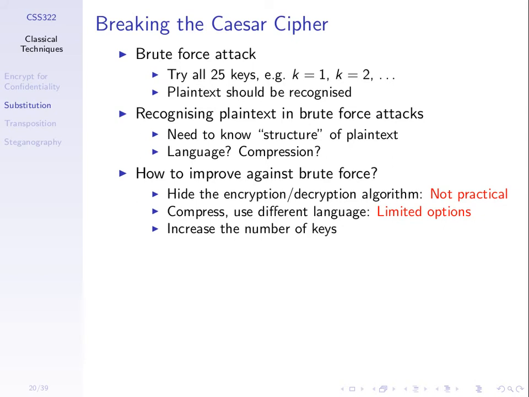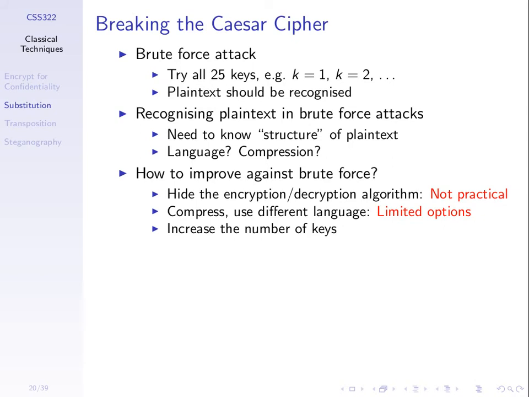But again, usually there are only a limited set of algorithms, so someone can guess even if you don't know. Compress or use a different language. Okay? What if you don't know what language the plaintext is? Again, there are only a limited set, and usually with some context of who's communicating, you can work out what the language is.